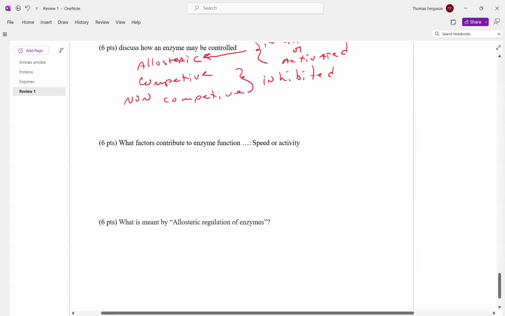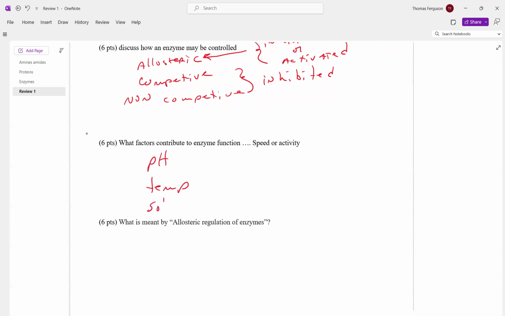And what factors contribute to enzyme function? pH and temperature. You could write down solvent, but it doesn't come into play if it's a mammalian biochemistry system.